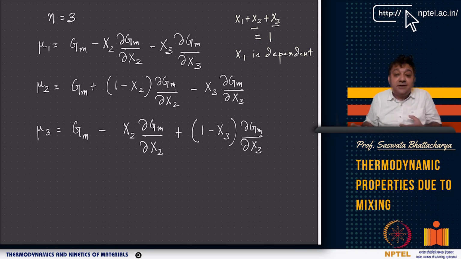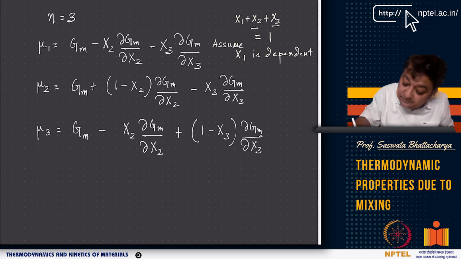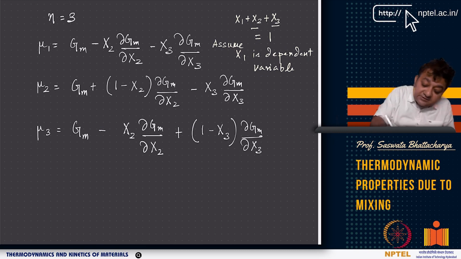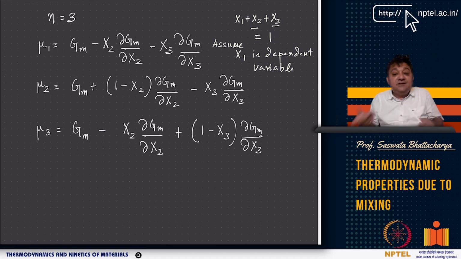We have chosen 2 and 3. But you can also assume x2 is the dependent variable, then x1 and x3 are independent. You can also assume x3 as dependent, then x1 and x2 are independent. You can assume any. Then you have these 3 equations for mu1, mu2 and mu3.